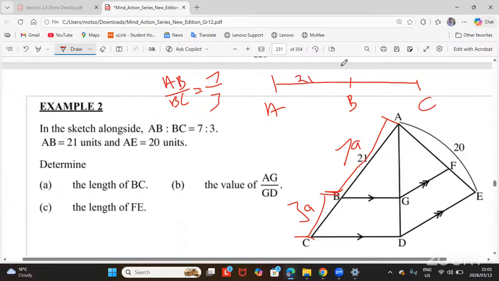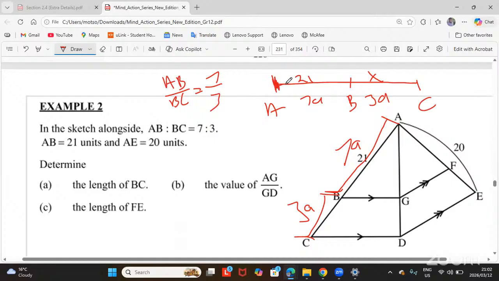And from B to C is something that we don't know. Let's say that is X. From A to B, according to the ratio, we have 7A. From B to C, we have 3A.